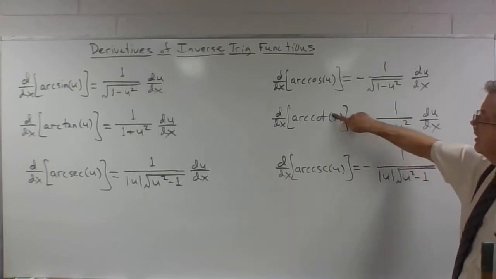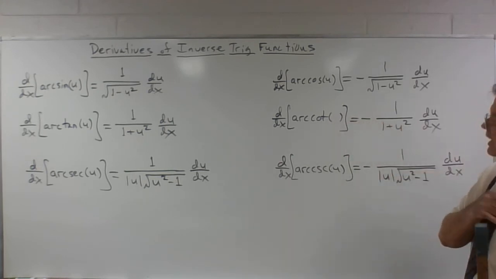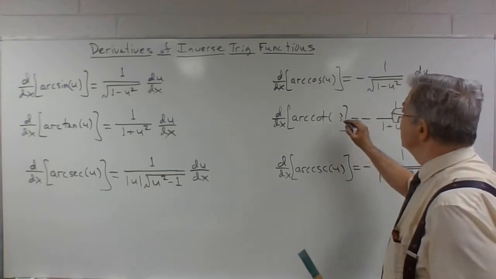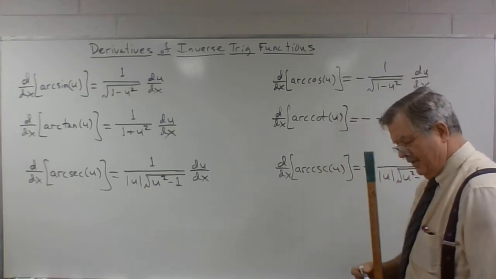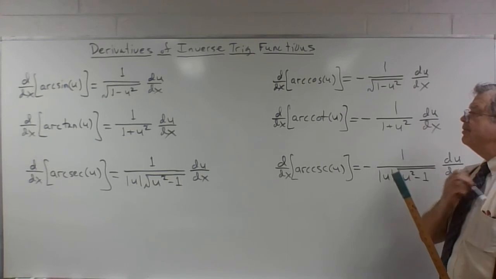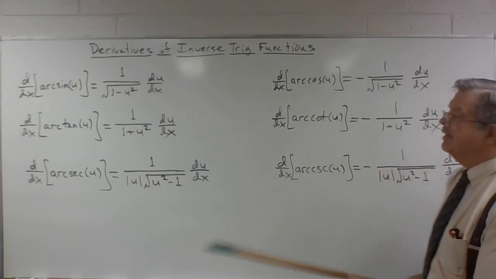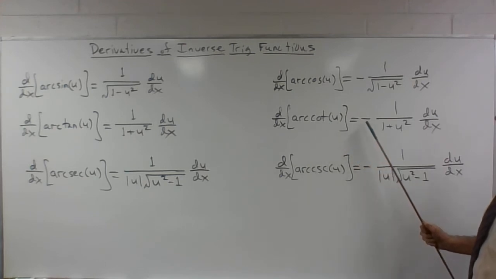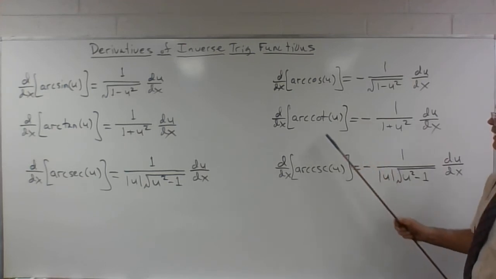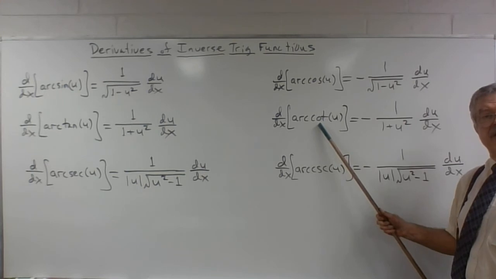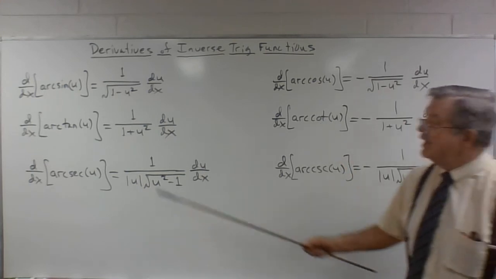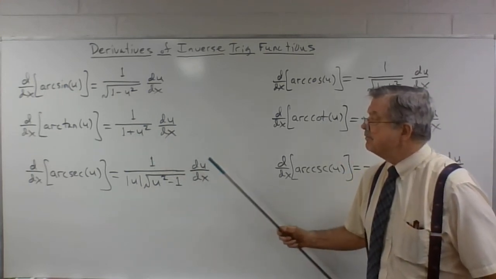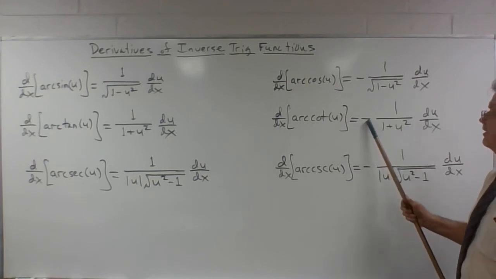Whoops, I ought to be struck dead for that. Arc cotangent of u. The only difference between the derivative of arctangent and arc cotangent is the negative sign out in front. To get the derivative of arc cotangent, we take the derivative of arctangent and just put a negative sign in front.